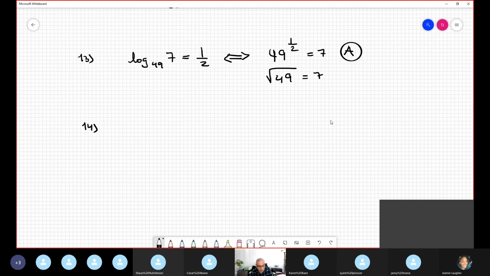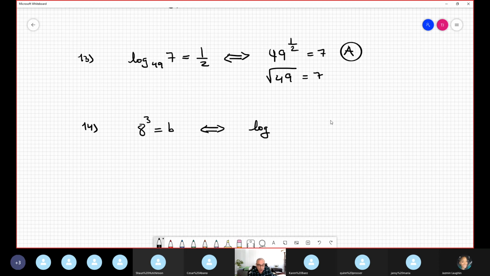14 is write the equation in logarithm form. Okay, now we are doing it backward. Easy, super. A to the third power equals B. But they want to convert to a logarithmic statement. So you put the famous word log. And what is the base? The base is A. You open the parenthesis always because this looks like function notation.